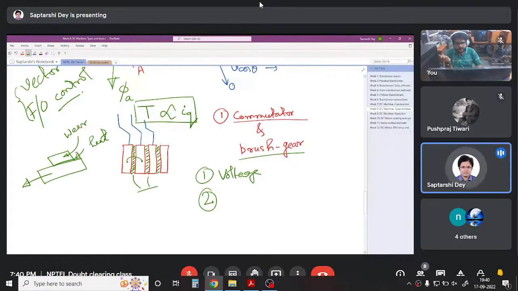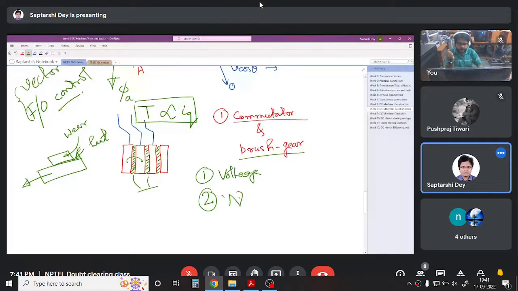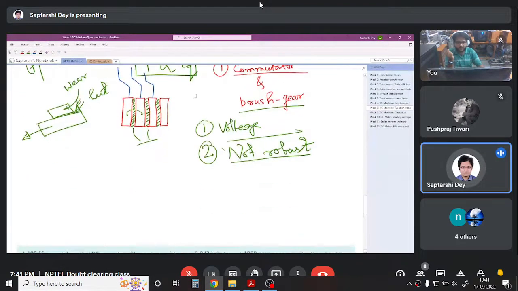There can be sparks here also, which will cause the ignition. So DC machine is not at all suitable for operation in harsh conditions. In that way it is not robust, requires frequent maintenance, and is not suitable for harsh environments. On the other hand, induction machine is very robust, specifically the squirrel cage induction machines, but the problem with them is the control, as I told you.